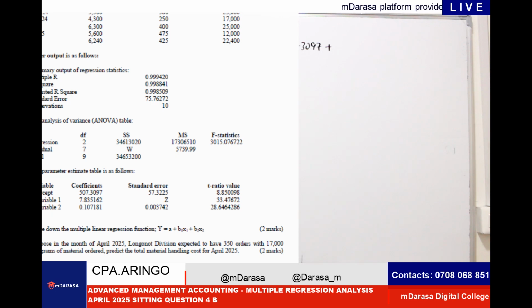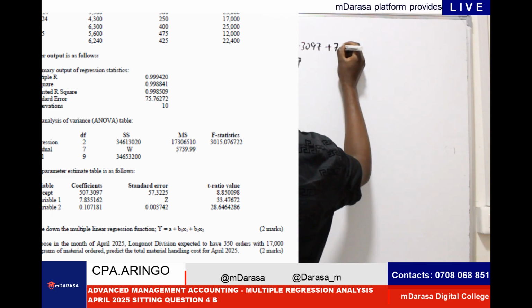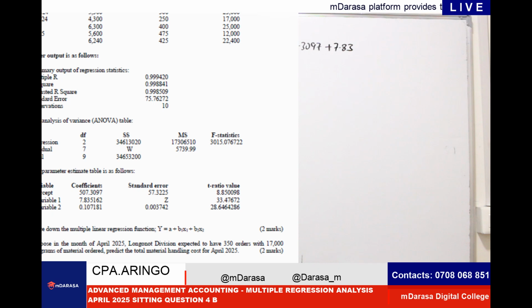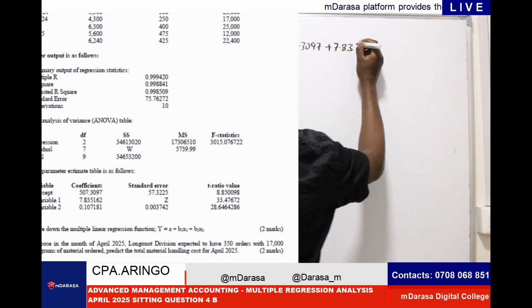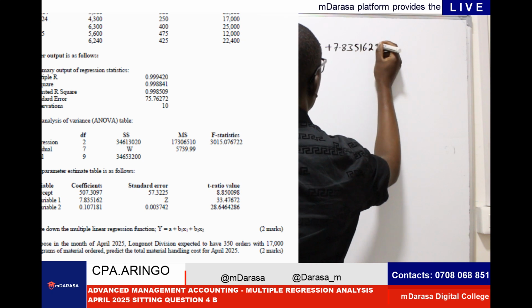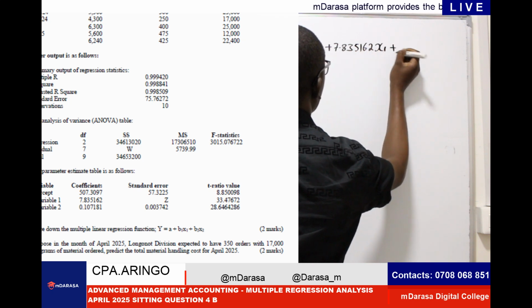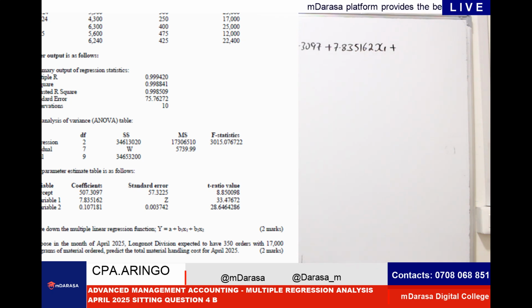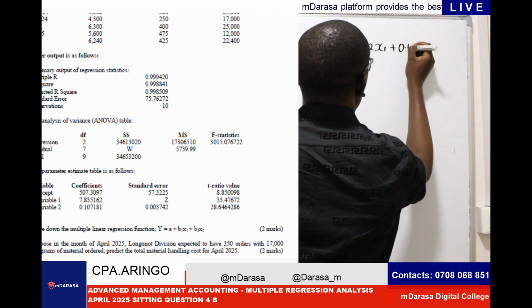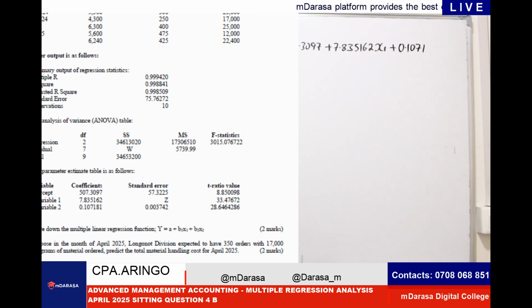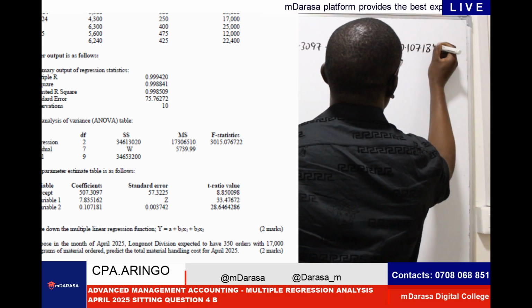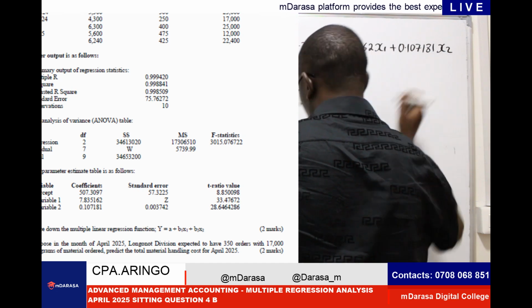We have 7.835162, that should be x1. We add 0.107181 x2. See?